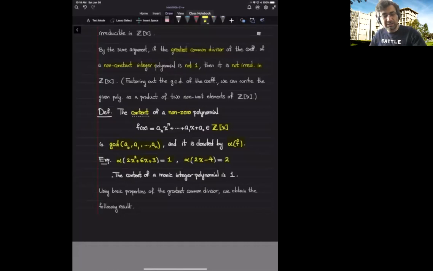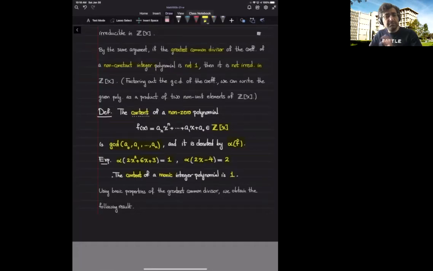So the content of 2x minus 4 is 2, and the content of 2x squared plus 6x plus 3 is 1. In general, whenever I give you a monic integer polynomial, because the leading coefficient is 1, the GCD of the coefficients is 1. And therefore, the content of a monic integer polynomial is always 1.